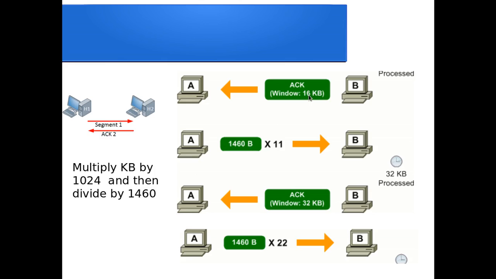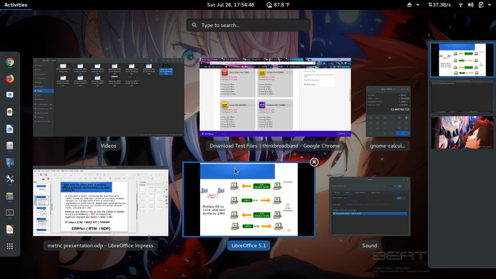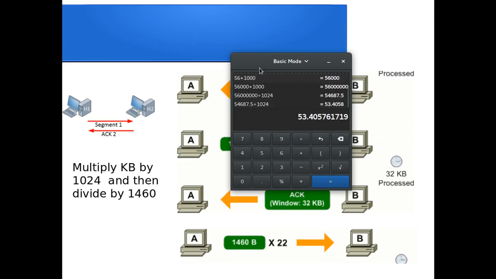So that's why you can get that same unit by dividing or by multiplying by 1024. In this case, just to show you an example, I'm gonna open the calculator.